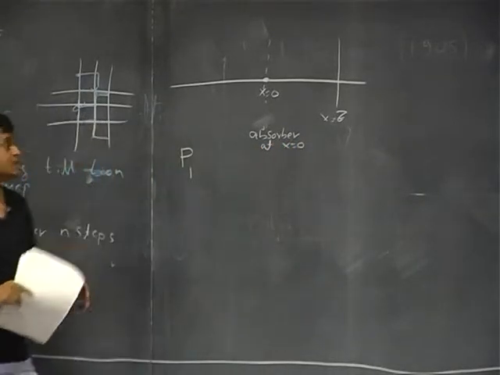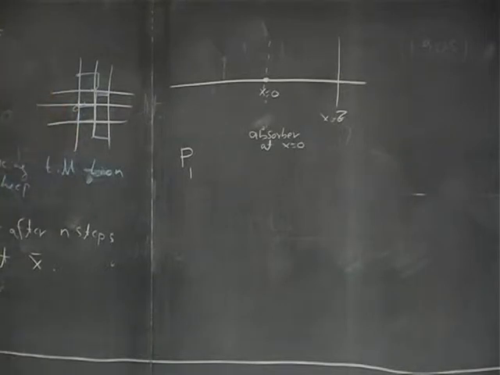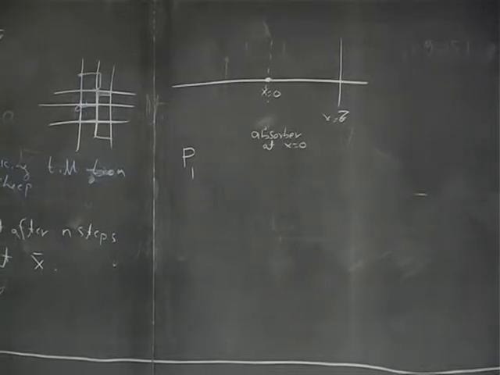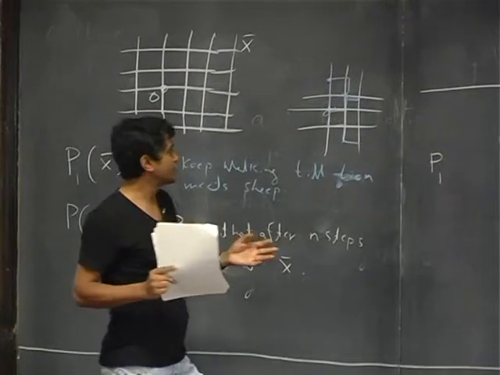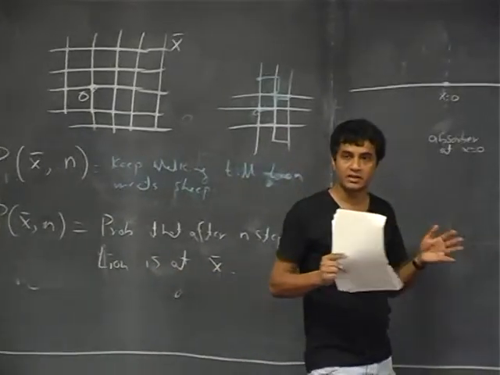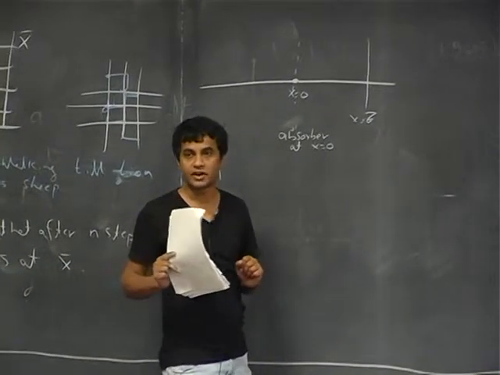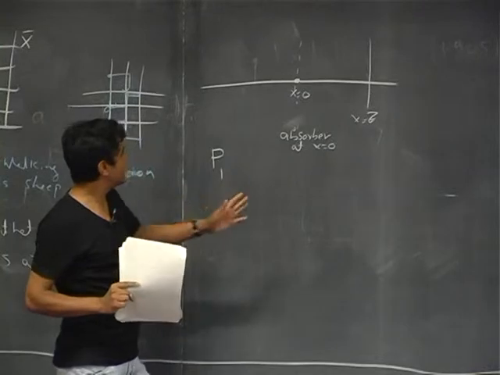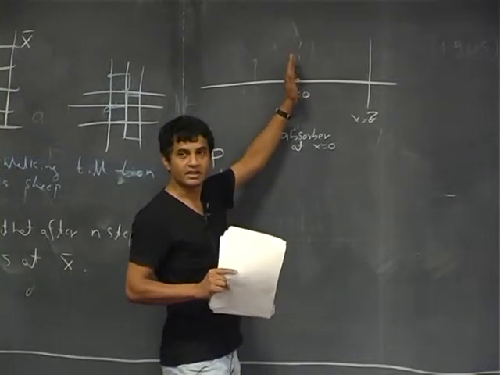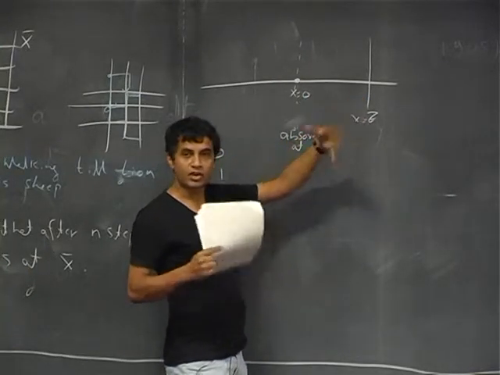The walk ends immediately as soon as it comes to this point, so you can imagine there's an absorber there. It's like solving the diffusion equation with some boundary conditions. That's what you did yesterday: you put absorbing boundary conditions at this point and solved the diffusion equation.